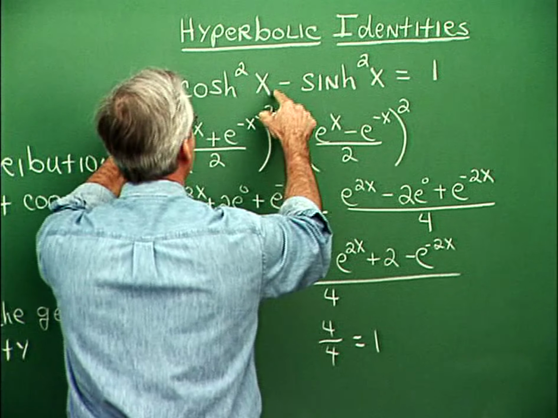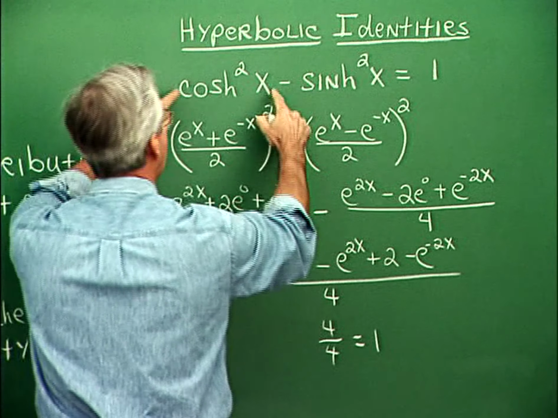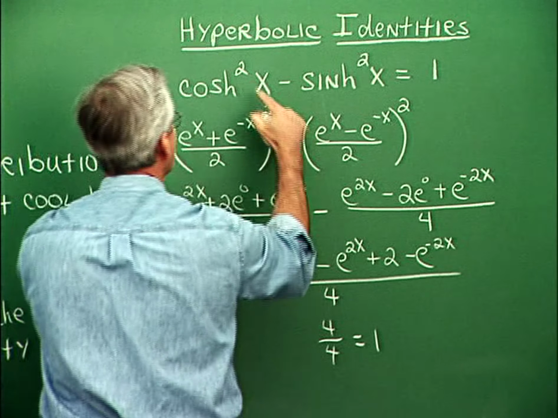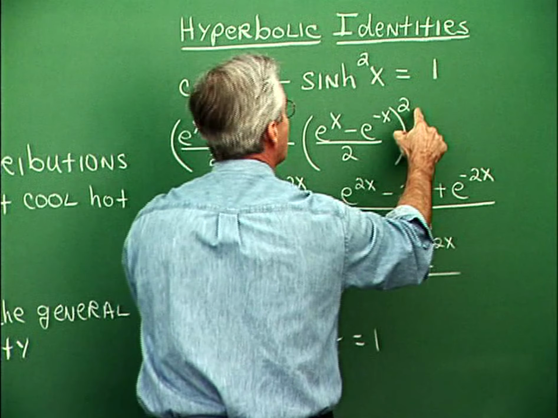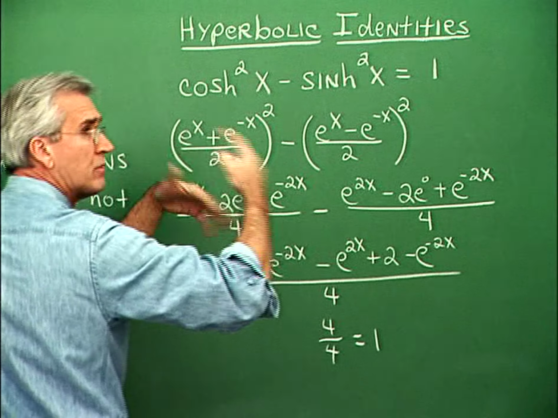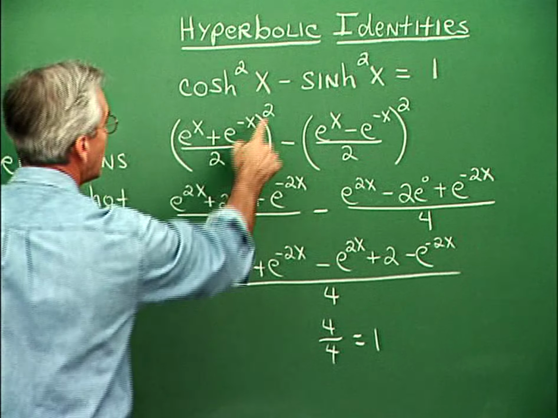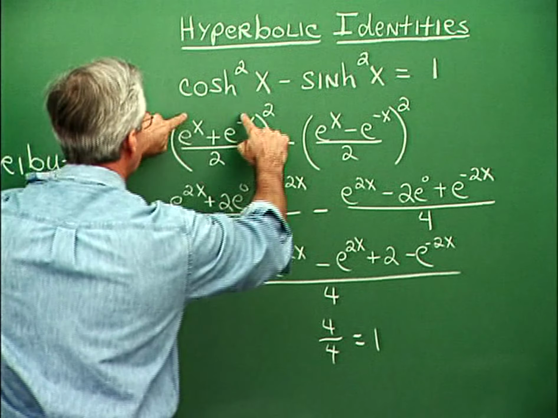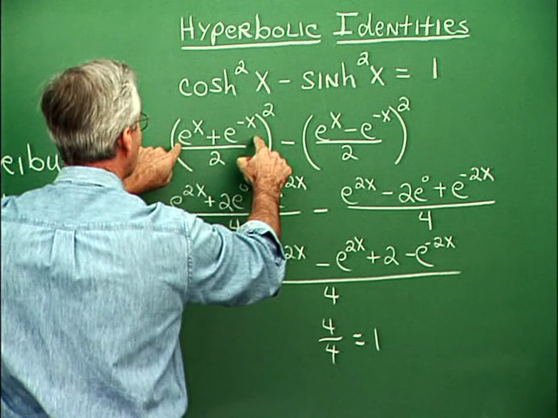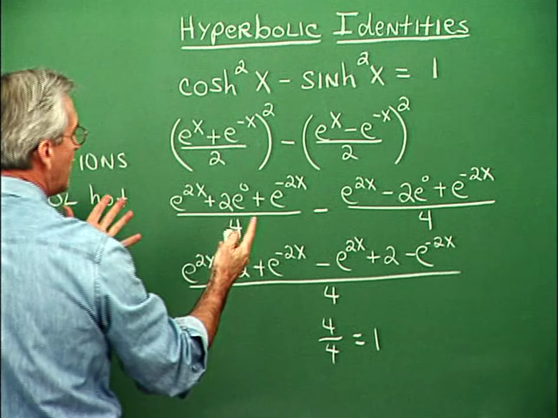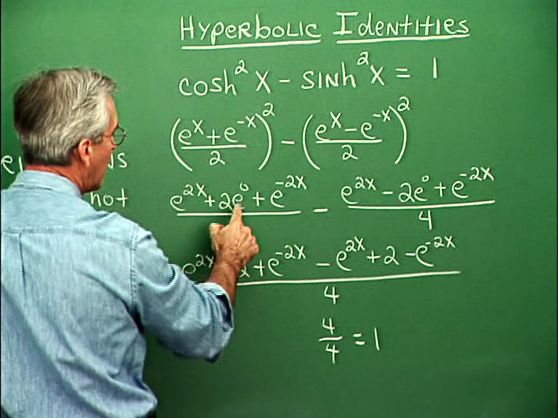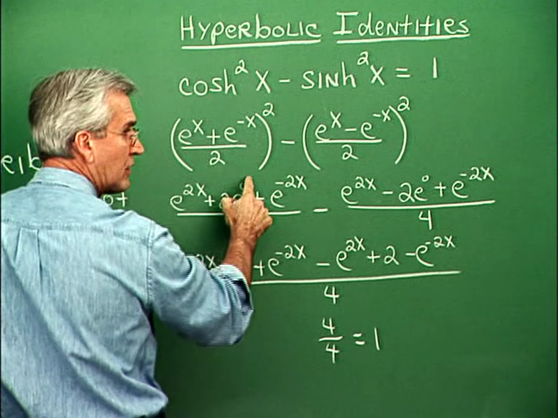So we take the definition for hyperbolic cosine x, which is this, and then square it, and then here hyperbolic sine x squared. Now just massage this algebraically, squaring in the numerator, multiplying binomial times binomial, this times itself, we get this.